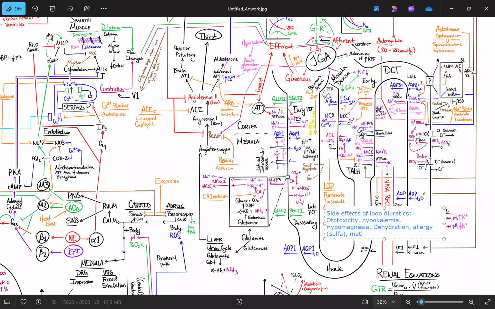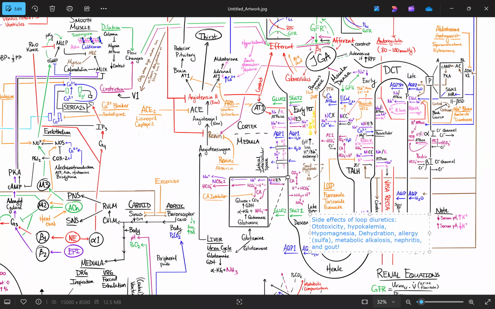With that balance, if you have less sodium going into cells on the apical side, the NCX on the basolateral side will have a better time working, and therefore pump in more sodium, and also affect your calcium levels by pumping out more calcium and letting you absorb more calcium. So you can have high calcium levels as well.